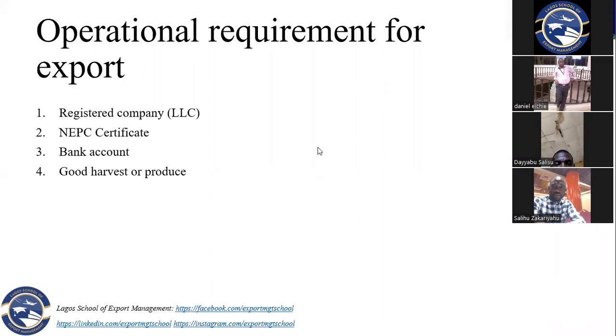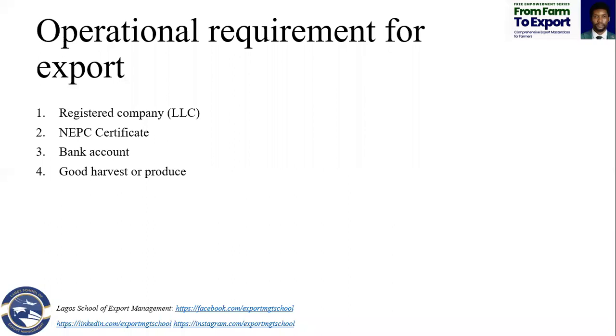Then you need a bank account. You need a corporate bank account. Once you let the bank know that you need the account for export, they are going to open an account for you in Naira and another account in dollars. So it will be two accounts, one in Naira, one in dollars.